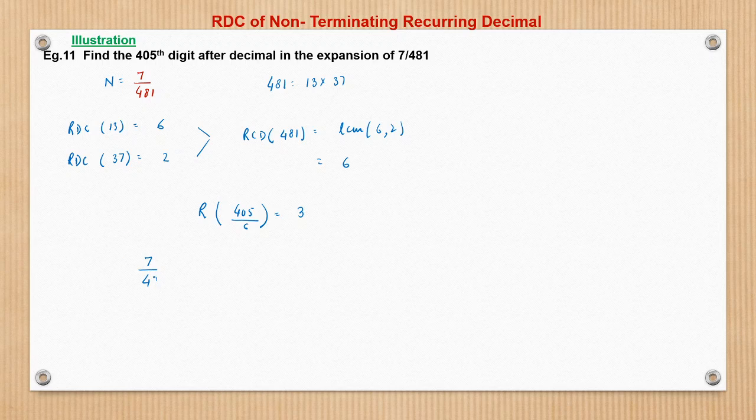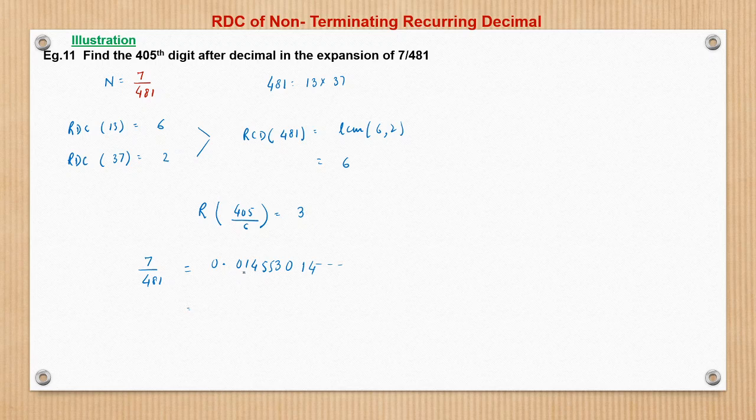So now 7 upon 481 we will expand a bit. That expansion, we know that 7 divided by 481 gives me 0.01453, then 1 4 and so on, 455, right? So on. But we know that the cyclicity will be 6.